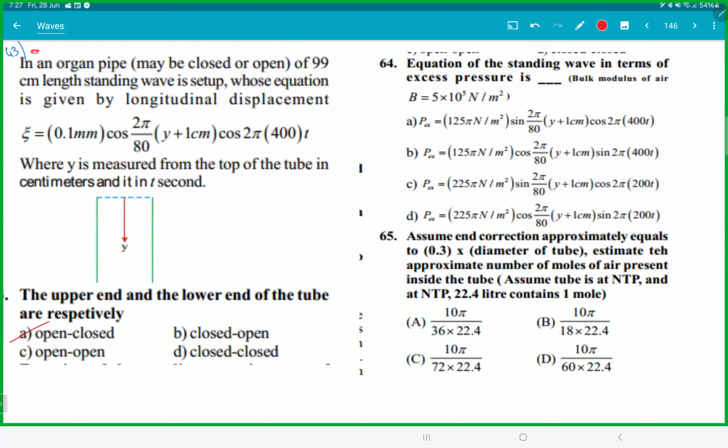What about the second part? Bulk modulus is given. So I know displacement, I'm asking for pressure.